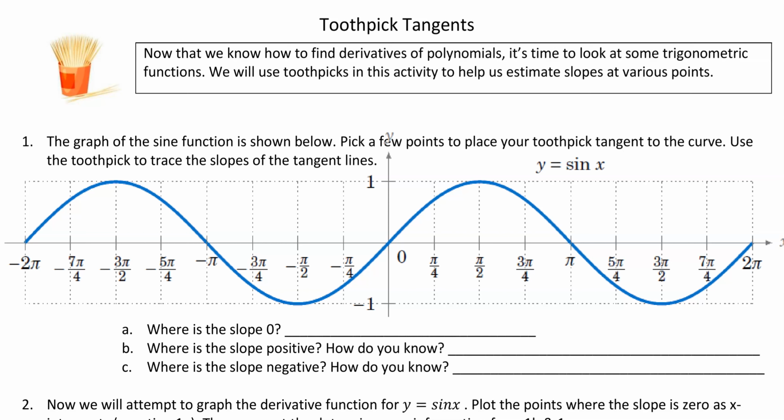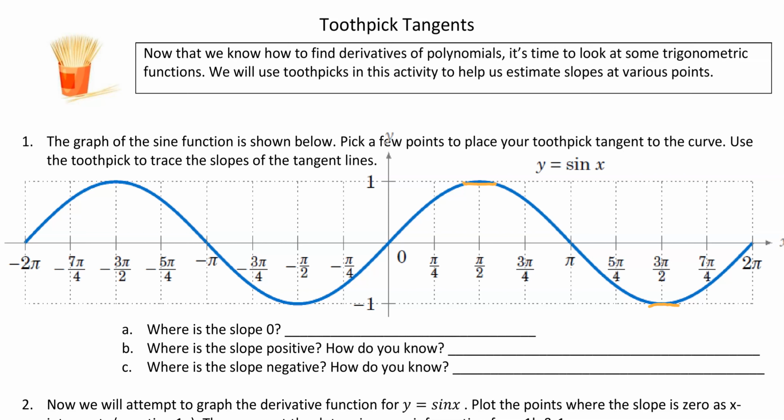Looking at that little toothpick, what is happening to my tangent lines? What are the slopes of those tangent lines? So where is the slope going to be 0? At pi over 2, and it's because why? I've got a horizontal tangent line, right? Where else?